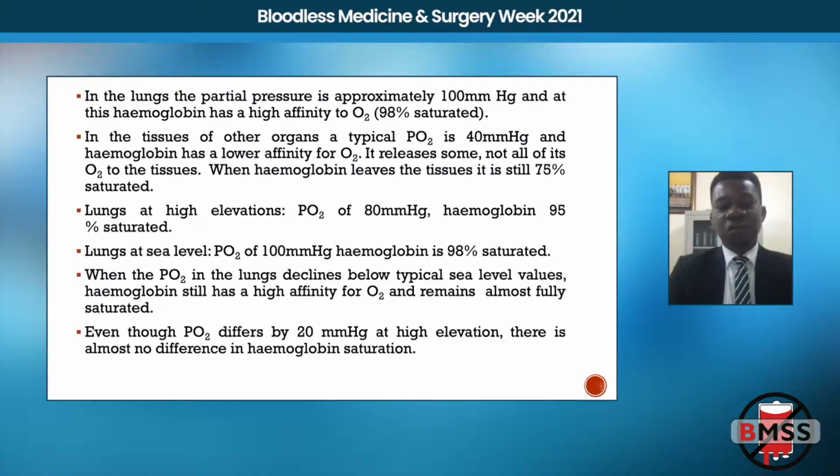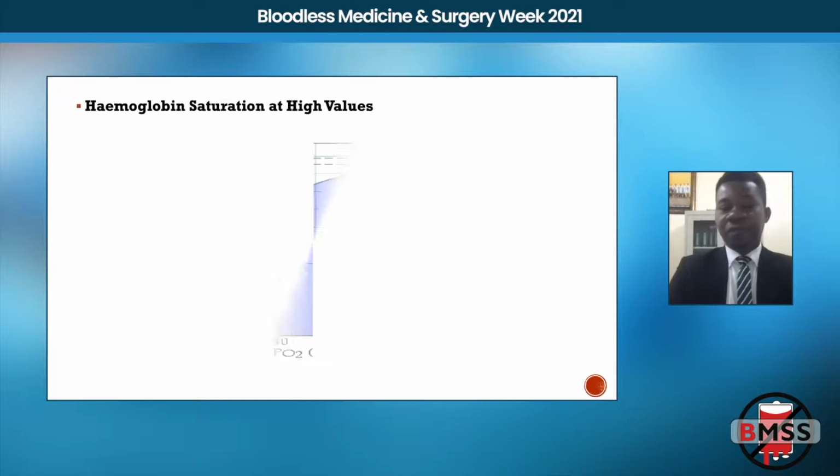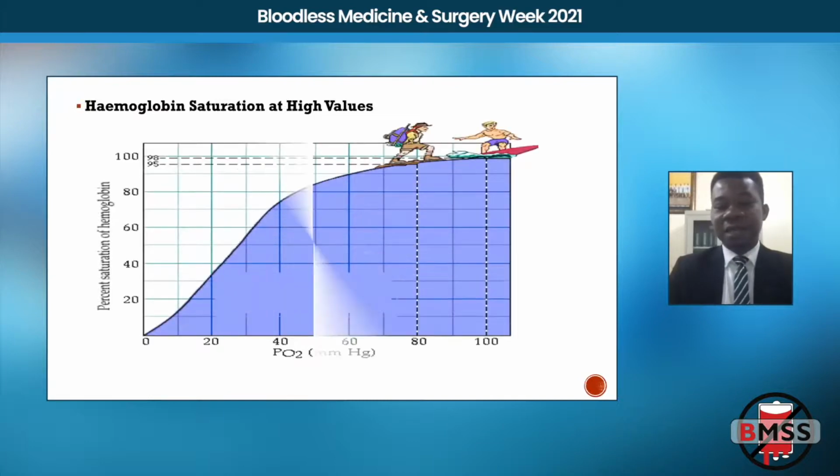Even when the tension drops lower, you still have some level of saturation of the hemoglobin. This is a clear picture of what we are trying to explain. At 80 millimeters of mercury, you have 95% saturation.